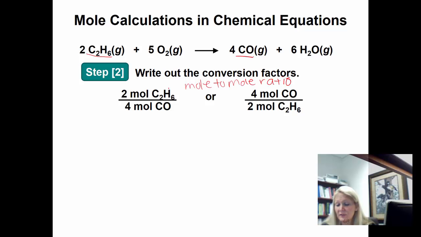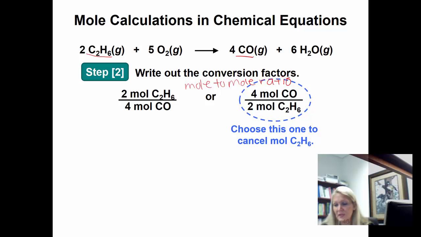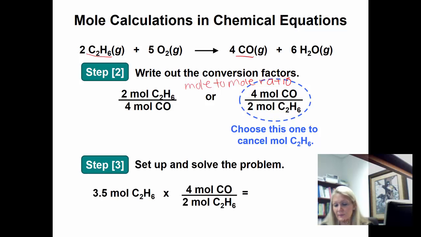For every 2 moles of C2H6, we have 4 moles of CO. If we invert that, it's the same thing. We just have to think about which way we're going to plug it into our equation. We're going to choose the one circled here because we need moles of C2H6 to be in the denominator.